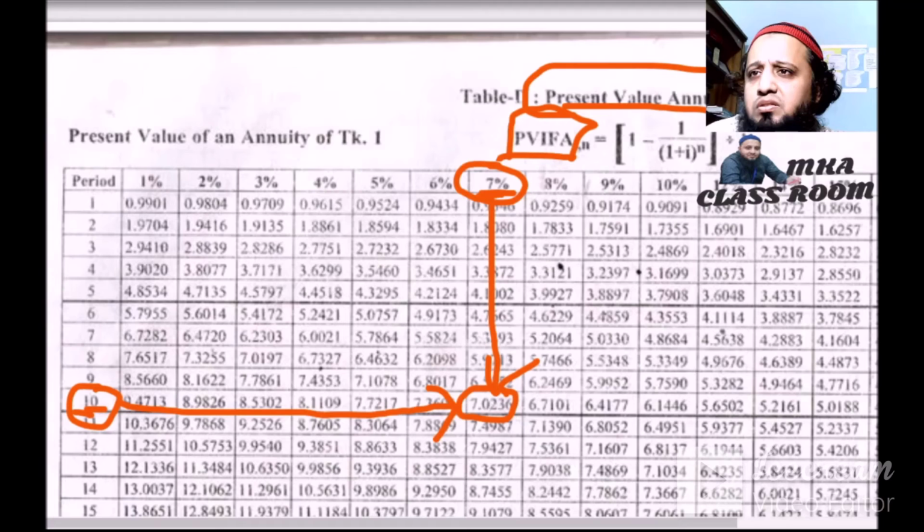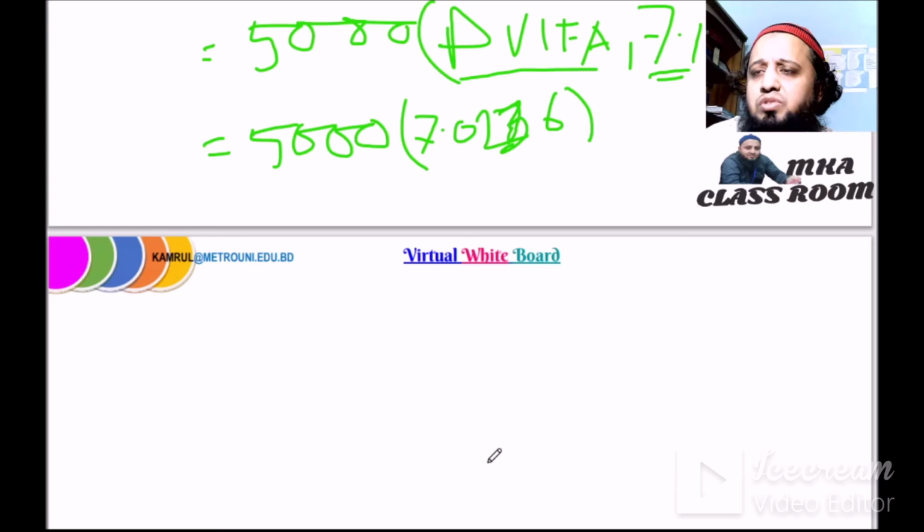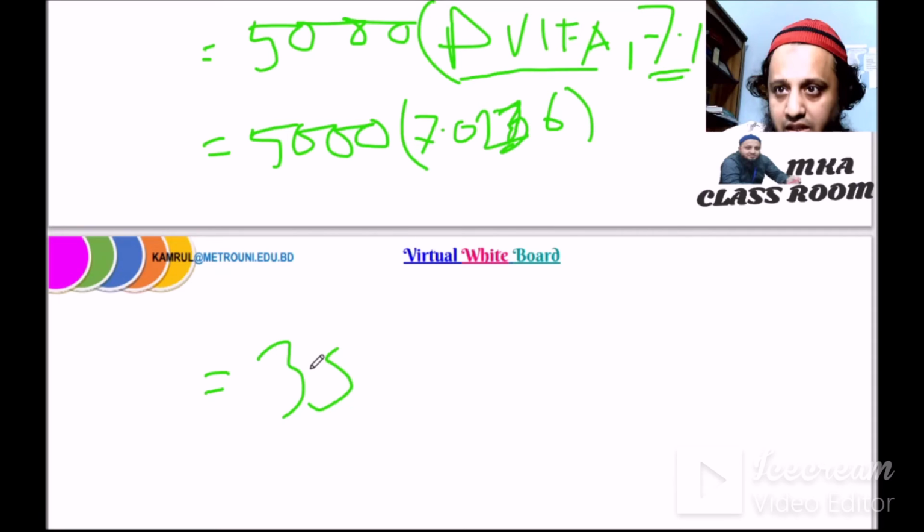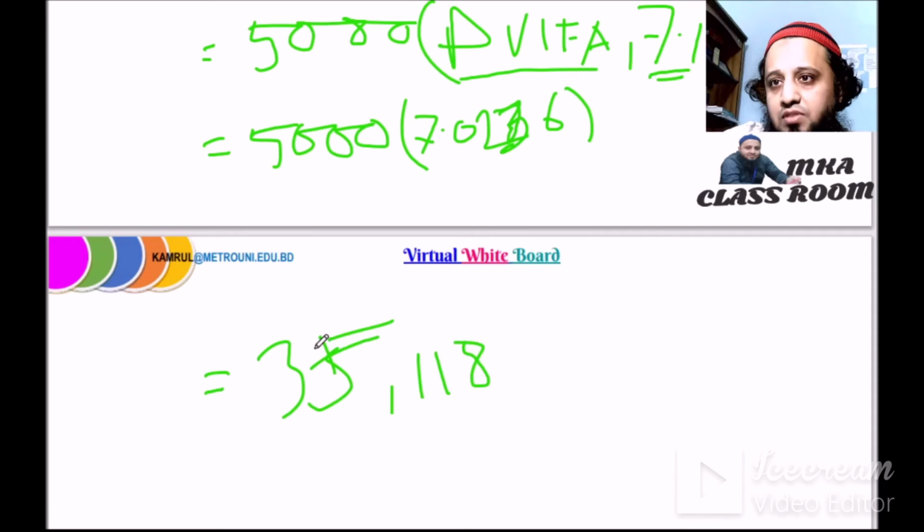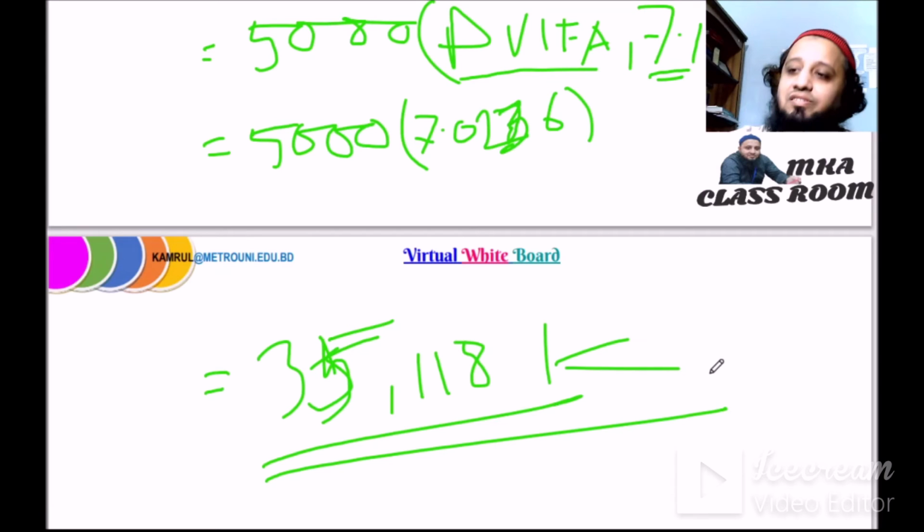Then 5,000 into 7.0236, again our result should be 35,118. That is our answer.